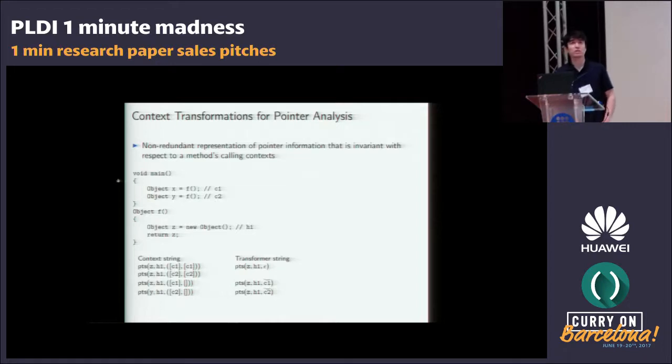Borrowing ideas from the context-free language reachability-based formulation of pointer analysis, I present a unifying abstraction called context transformations that is more efficient. In addition to the efficiency evaluations, I'll present the precision differences. If you're interested, come to my talk. Thanks.